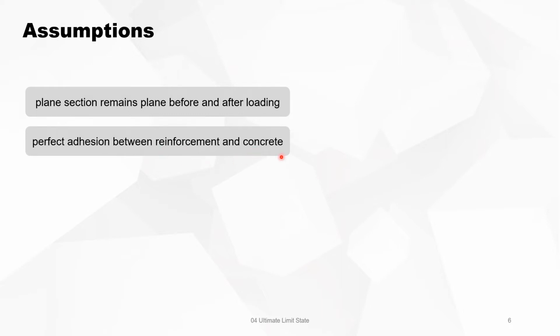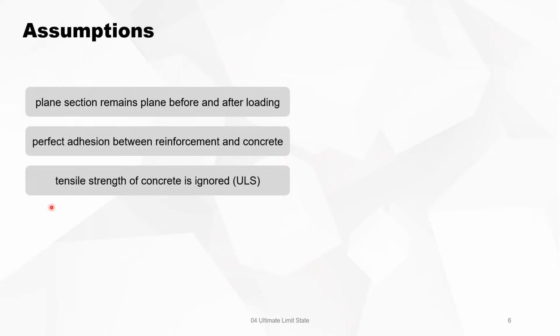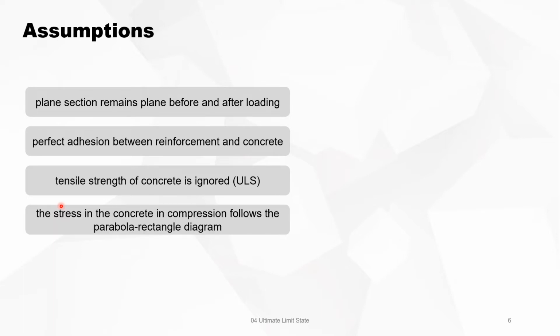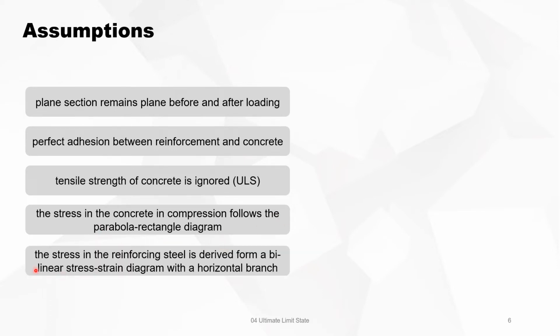It stays in place. The tensile strength of concrete is ignored in ULS. The stress in the concrete in compression follows the parabola rectangle diagram. The stress in the reinforcing steel is derived from a bilinear stress-strain diagram with a horizontal branch.